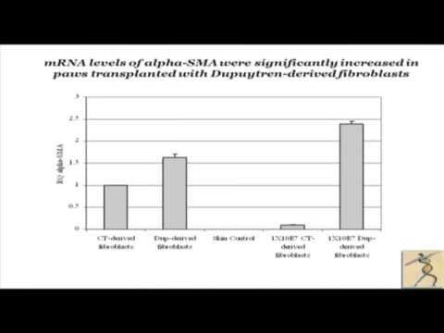Now, we were also interested to examine these for molecular markers that may be associated with the formation of Dupuytren's disease or a contracture phenotype. And of course, the first one that we were interested to see was alpha-smooth muscle actin. So what you can see here is results of quantitative RT-PCR reactions on the populations of Dupuytren's-derived forepaws versus carpal tunnel.